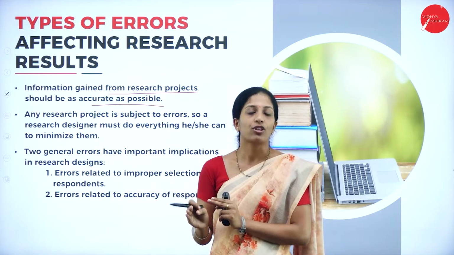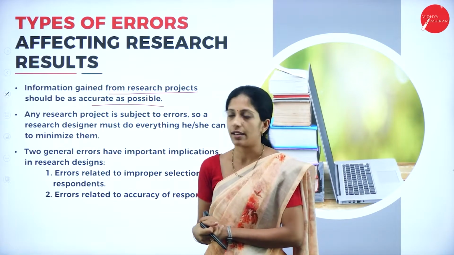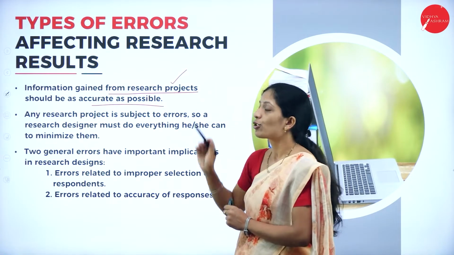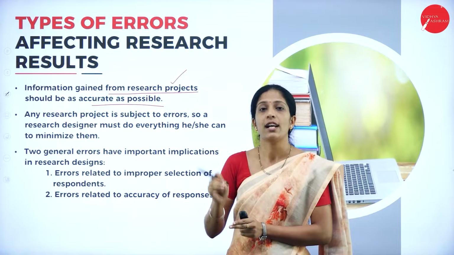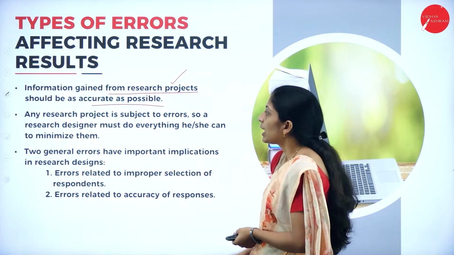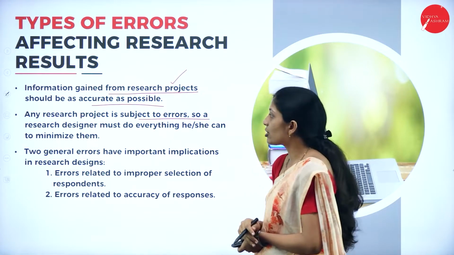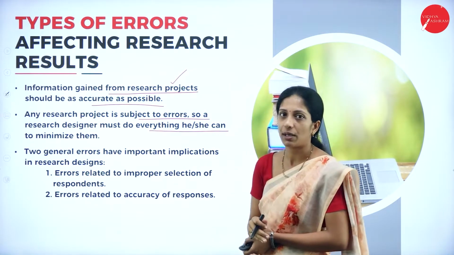So we have to make sure that we minimize the errors as much as possible. Any research project is subject to errors, so the research designer must do everything he or she can to minimize them.